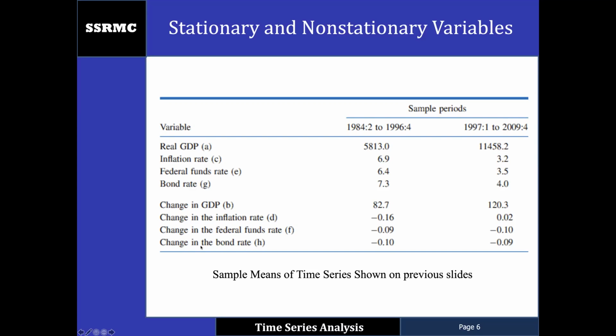The same pattern is true for changes in bond rate as well. And this type of pattern usually holds in practice. In other words, if you take the first difference of non-stationary variables, usually they will become stationary. So first difference is the way to transform non-stationary variables into stationary ones. This is one of the techniques we're going to introduce later.